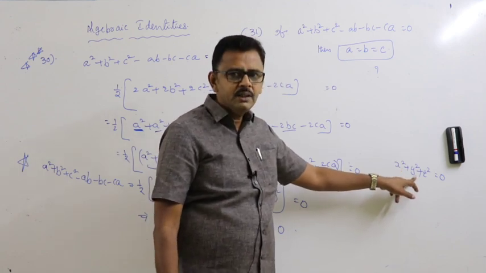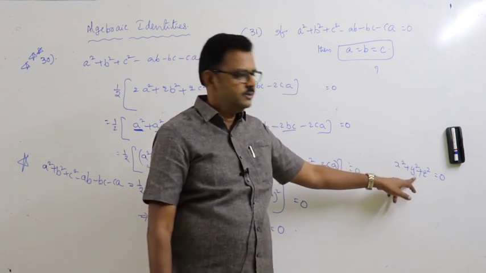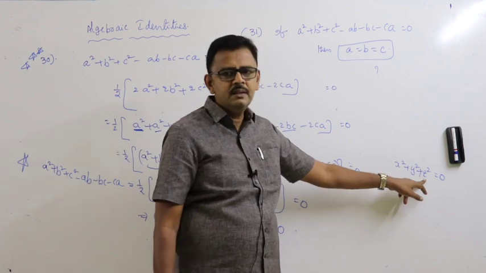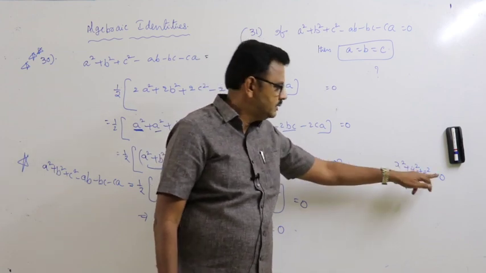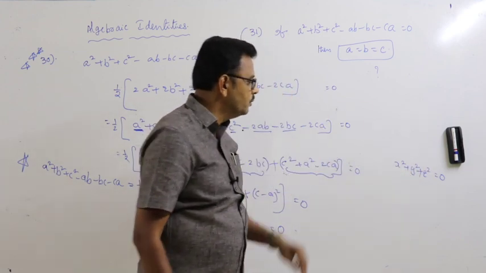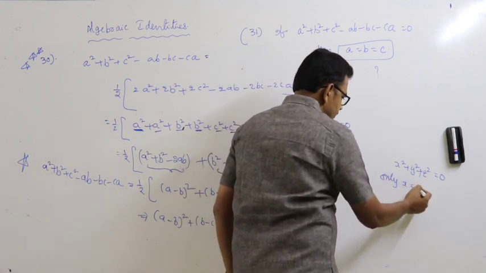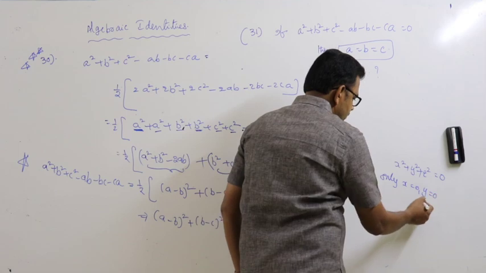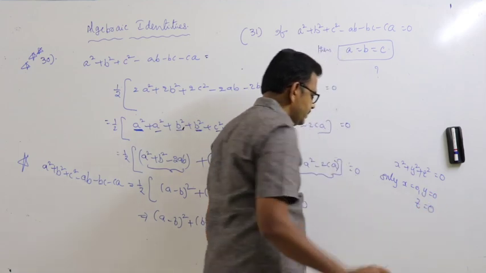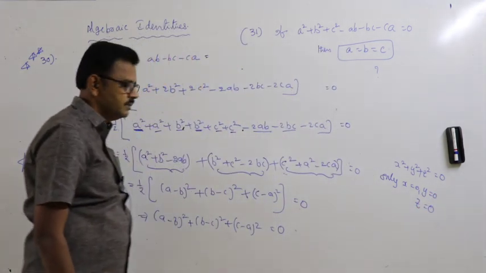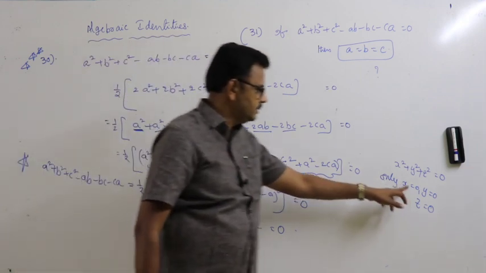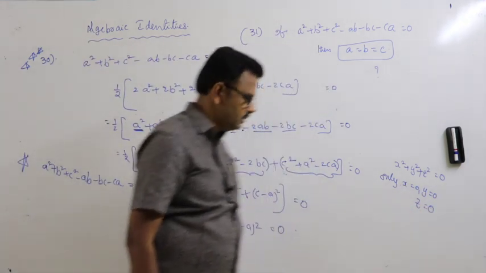Y equal to minus 2, y square is positive. Z equal to minus 3, z square is positive. It is 0 only when x equal to 0, y equal to 0 and z equal to 0. Only x equal to 0, y equal to 0, z equal to 0.